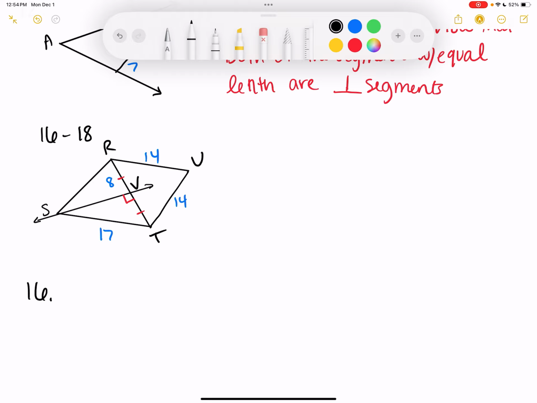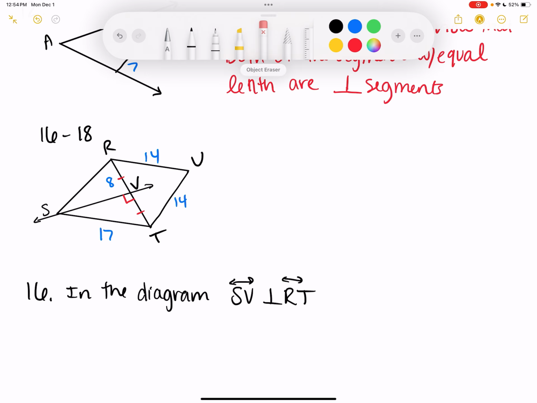So 16 says, in the diagram, SV is perpendicular to RT. RT's just supposed to help. There we go.